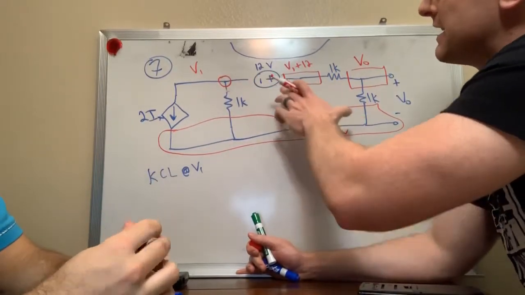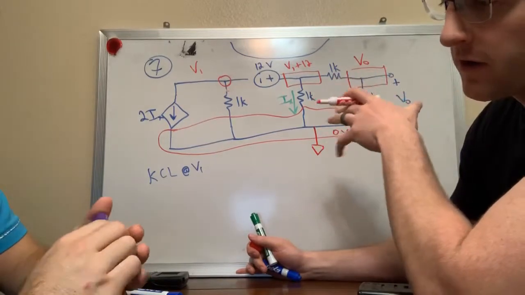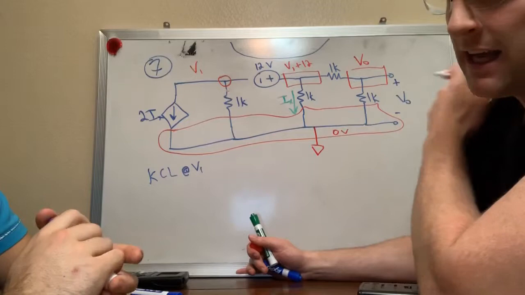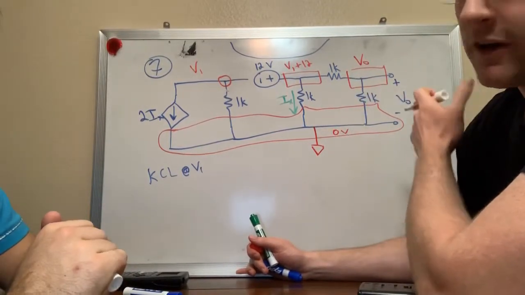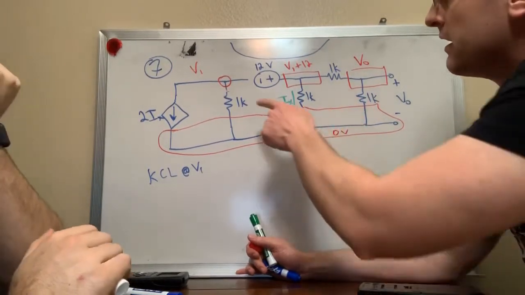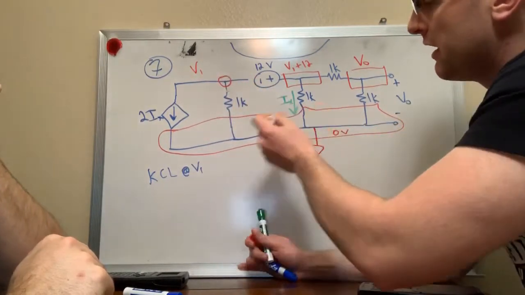Spoiler alert! You're going to use a supernode here, but let's say you didn't realize that yet. I'll pretend like we didn't realize we're going to use one, and then we'll find out why we need one, okay? So I draw a circle at this junction, which is my V1 node.